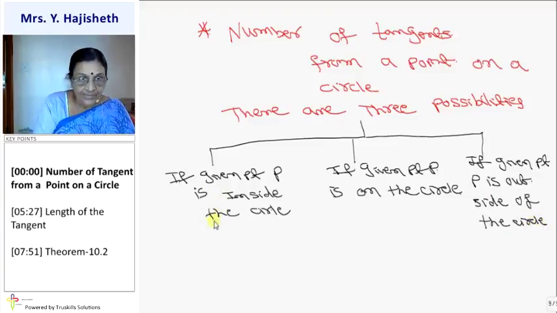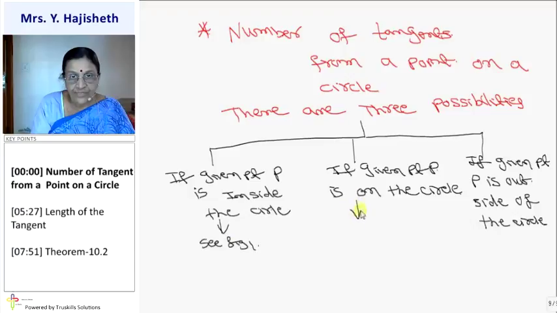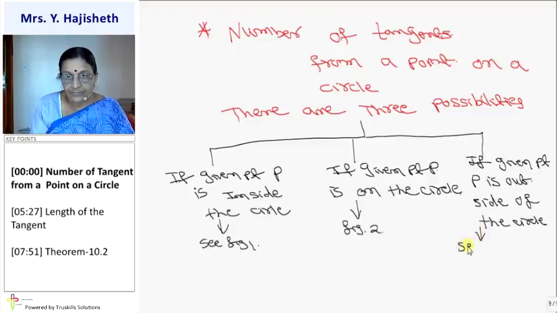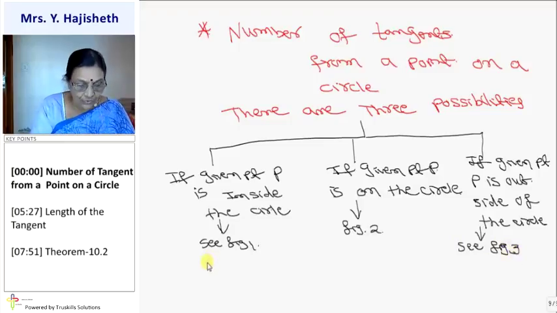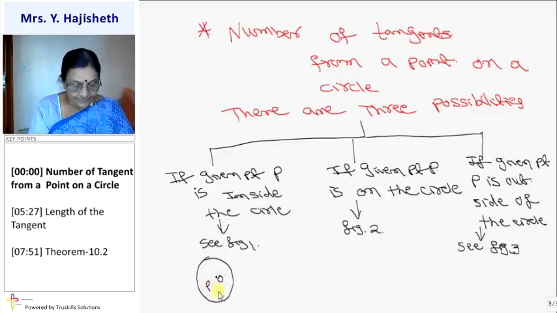Here for this you see figure 1. For this you see figure 2. And for this third case you see figure 3. छोटी छोटी फिगर बना के I will show you. Suppose this is a circle and this is the center of the circle and P is inside the circle.